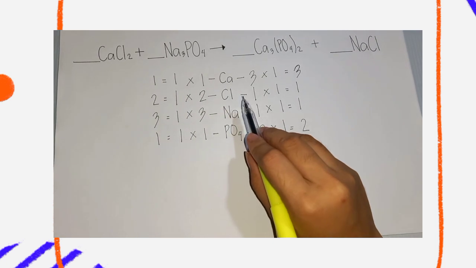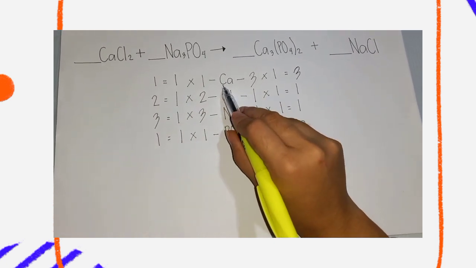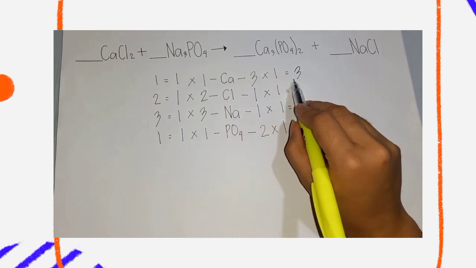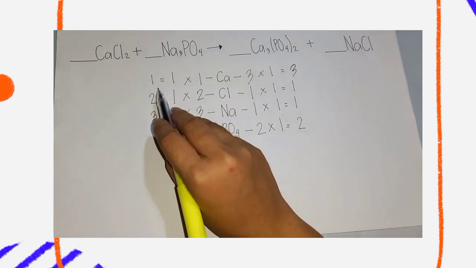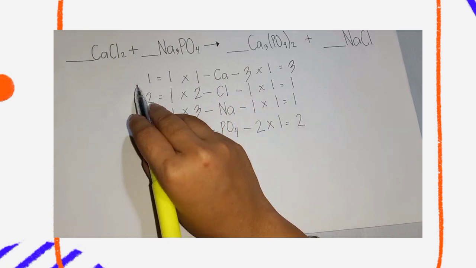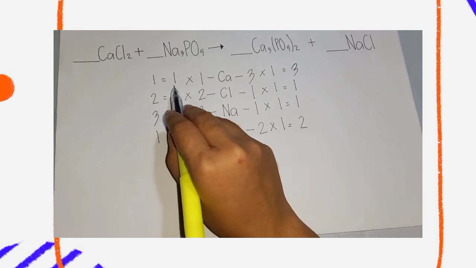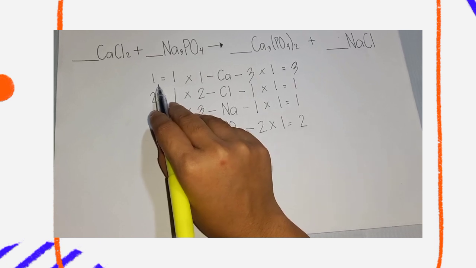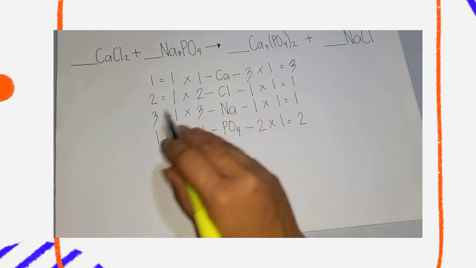So first, let us start with the first element. So we have the calcium. On the product side, we have a result of 3, while on the reactant side, we only have 1. So we need to change the reactant side for it to be the same as the product side.